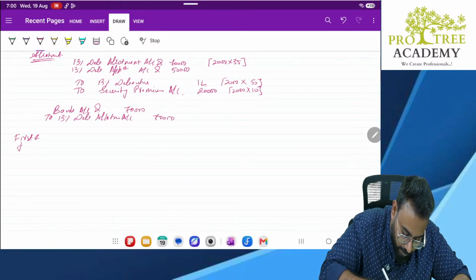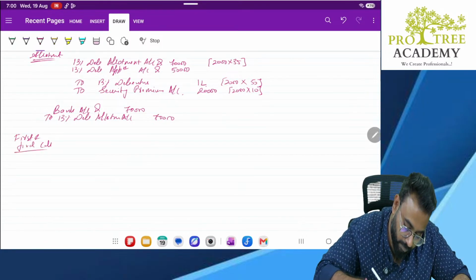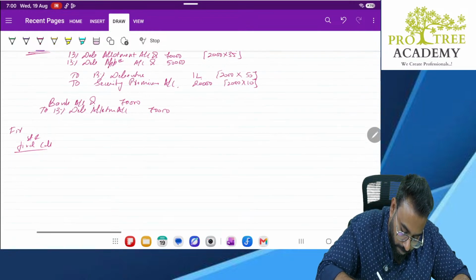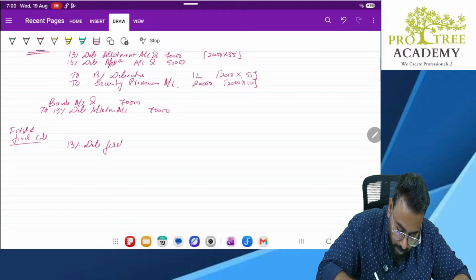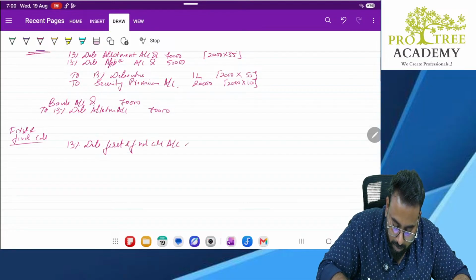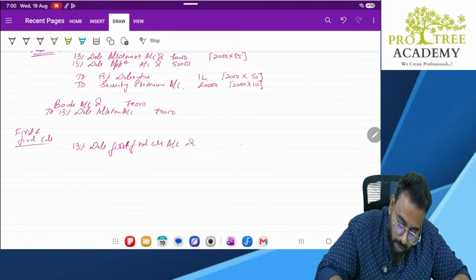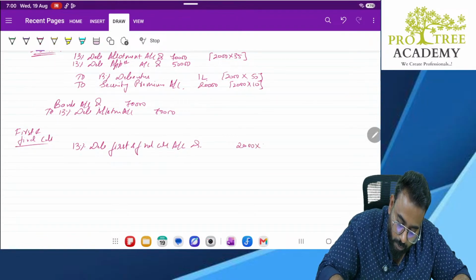Next, first and final call. 13% debentures first and final call account debit. How much? 2000 into 50, 1 lakh.